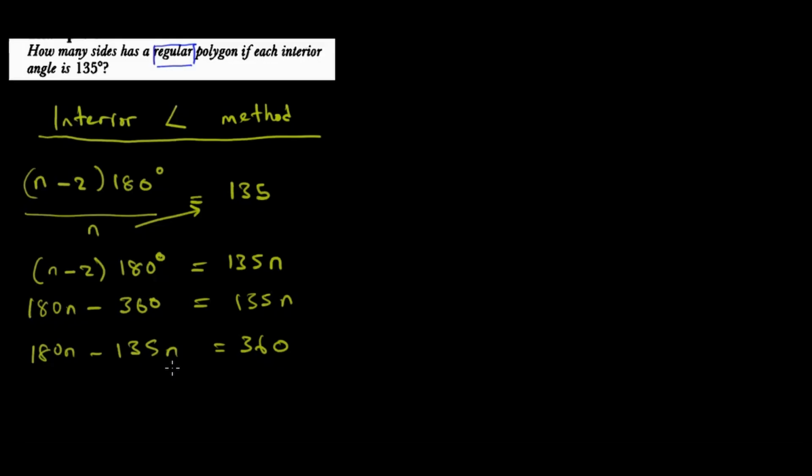Tuone kuti zvinobuda ngei. 45. Saka 45n panapa is equal to 360. If we divide both sides by 45, we are sure to get an answer like this. So 360 divided by 45, tinowana 8. This is an octagon.